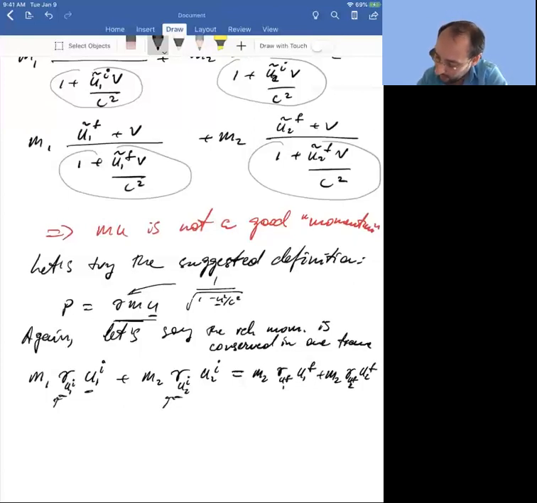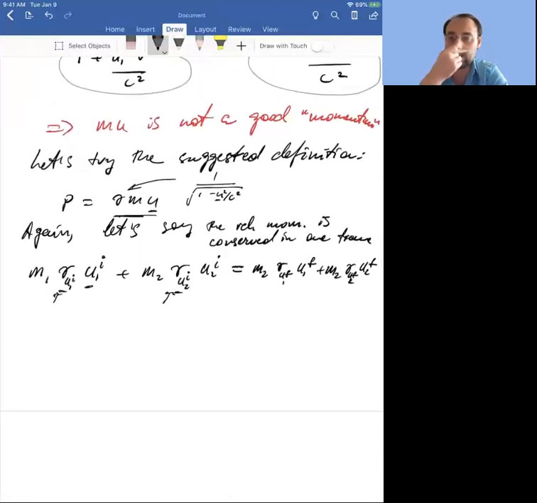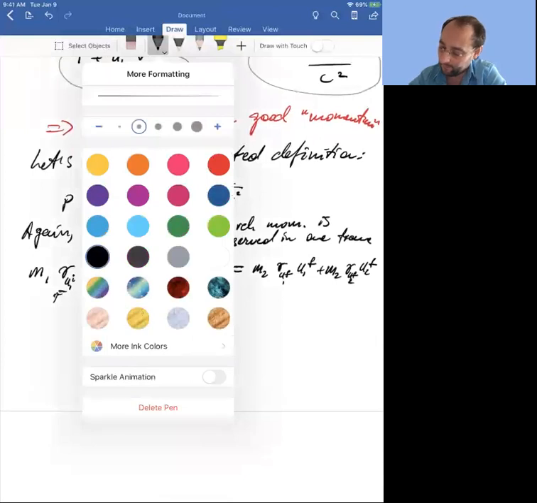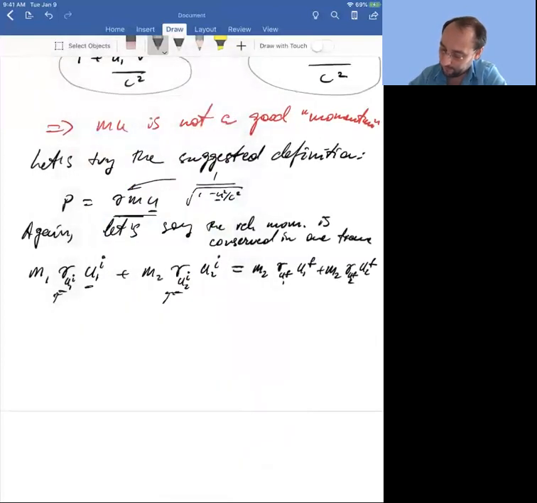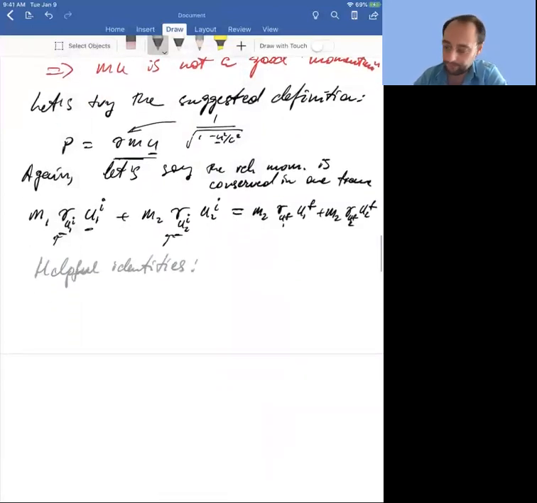But basically we have 4 gammas here. Other than that, the expression is the same as the non-relativistic one. You can wrestle with algebra all day long, but the following identities help. And I will tell you where they come from.